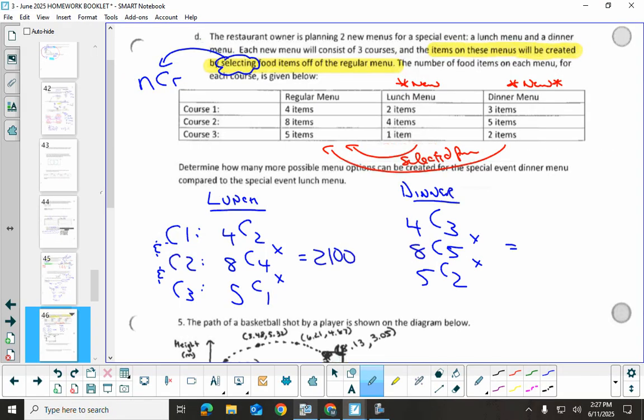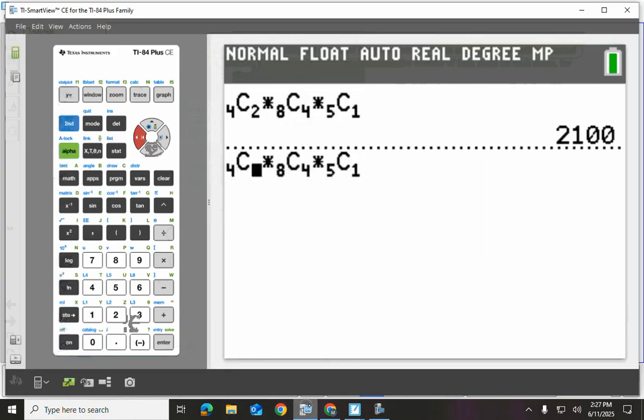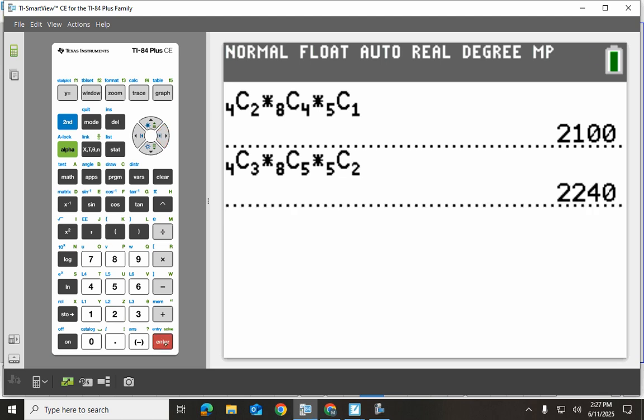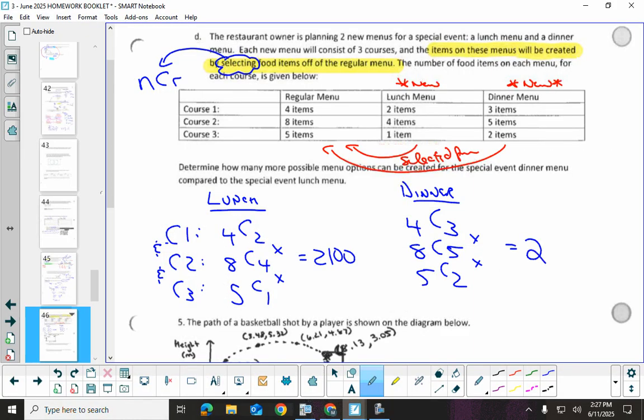So 3, 5, and 2. 2240. So the question says, how many more items are possible?